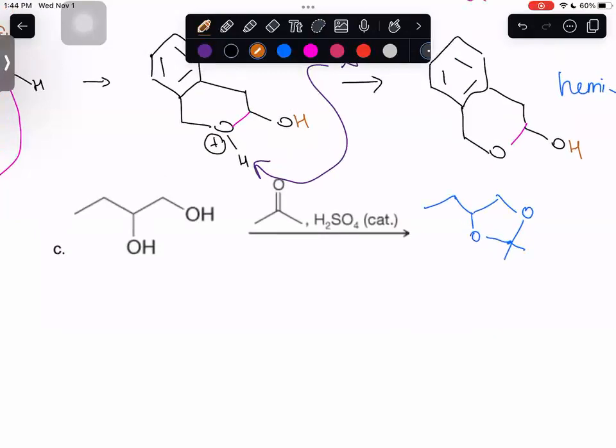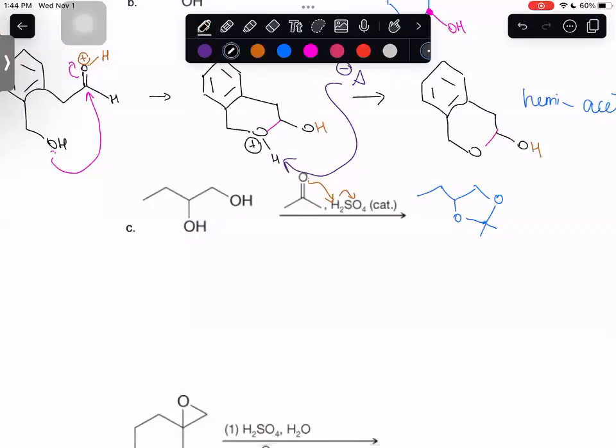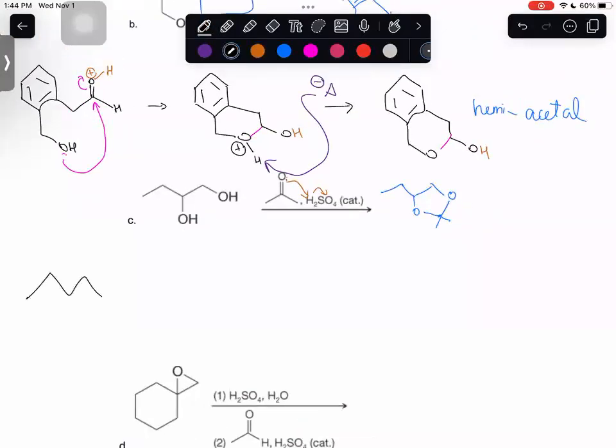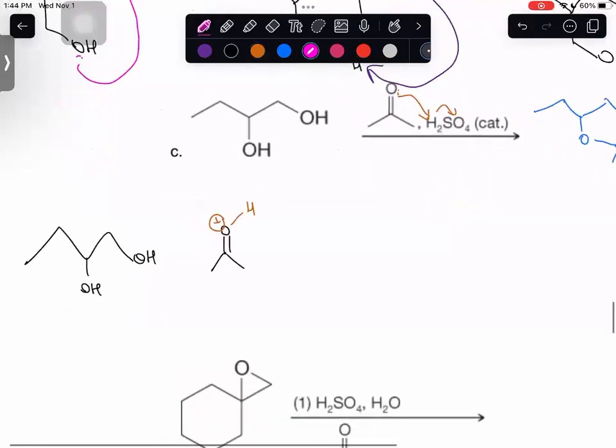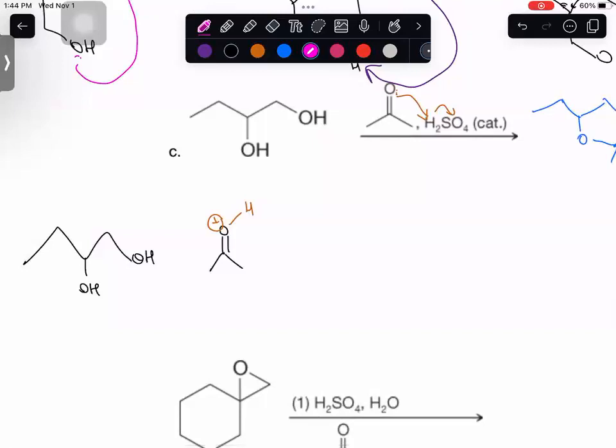Okay. So we know first step, very obvious. Acid makes the electrophile more electrophilic. Okay, so we have this little guy. Now either of those oxygens is going to do the attack. I'm just going to choose the one on the right. Nucleophilic attack, pick up the electrons. We have OH, oxygen.